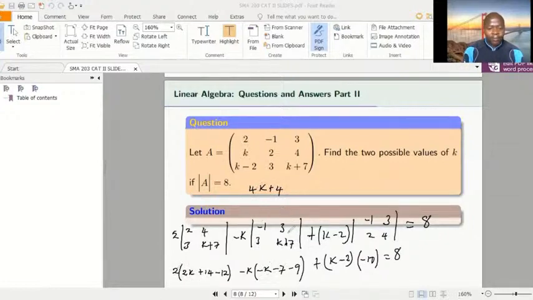What about here? Here I have negative K into negative K, negative 16. What about here? I have negative 10K plus 20 minus 8 is equal to 0. So I've taken this 8 to the other side.